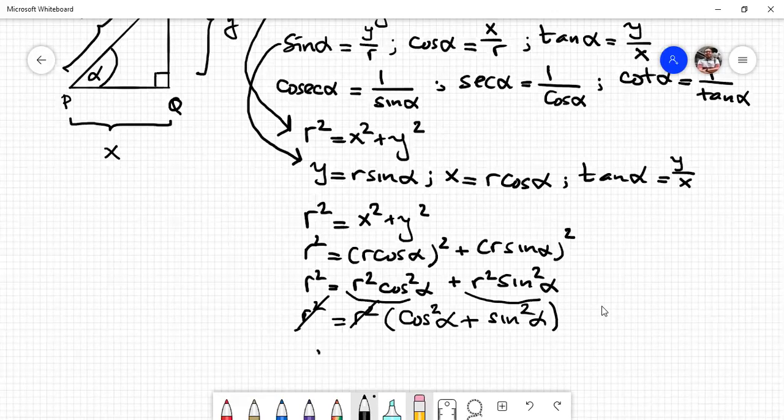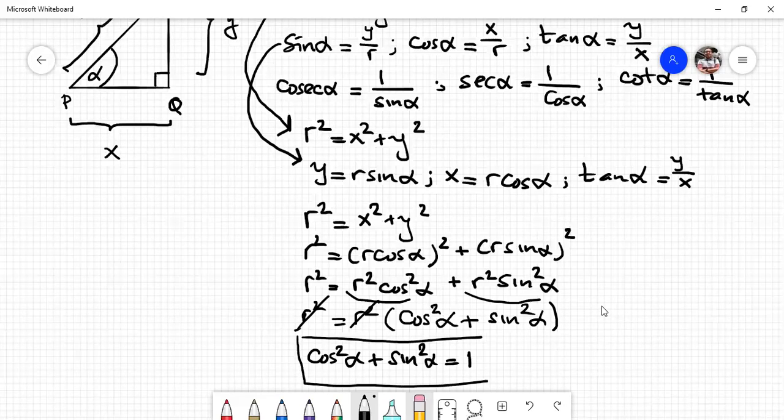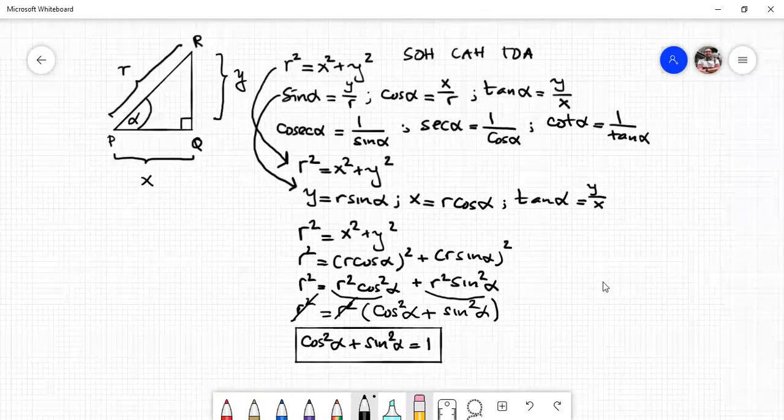So we have now cosine squared alpha plus sine squared alpha is 1. So we have the first formula, right? This is one of the basic identity formulas in trigonometry. Okay, hopefully you can get it, yeah?